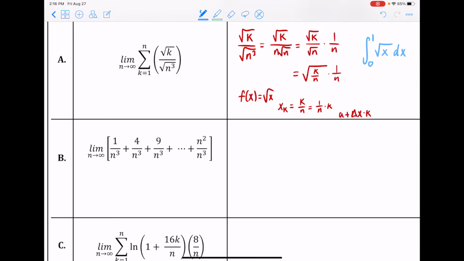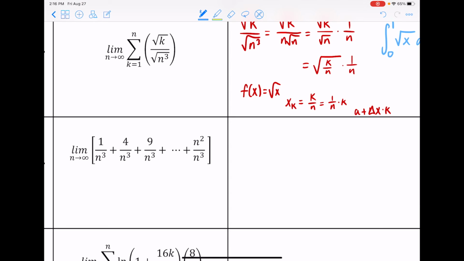We need to pull an n out of the bottom of these. So if we pull an n out of the bottom, what would we have left? The tops are going to stay the same. You're just going to lose a power of n in the bottoms here. So this is going to be 9 over n squared plus n squared over n squared, right?